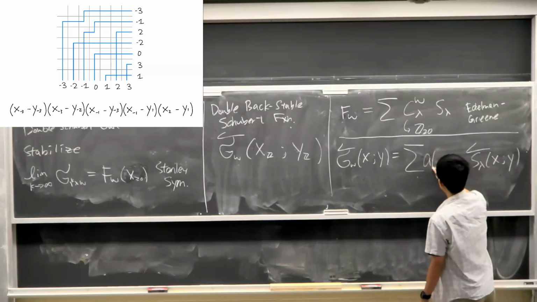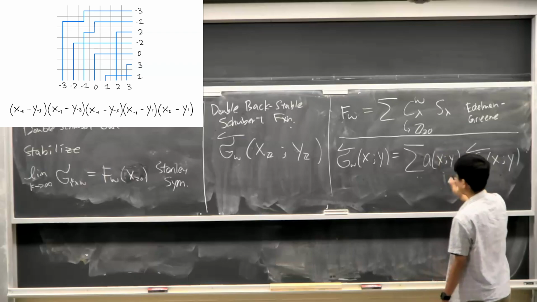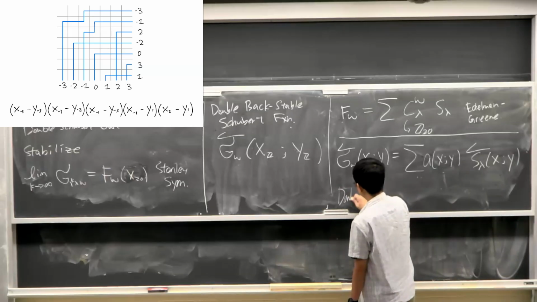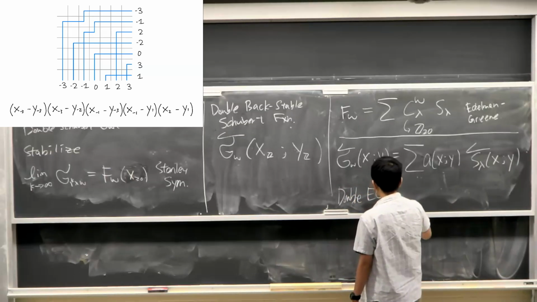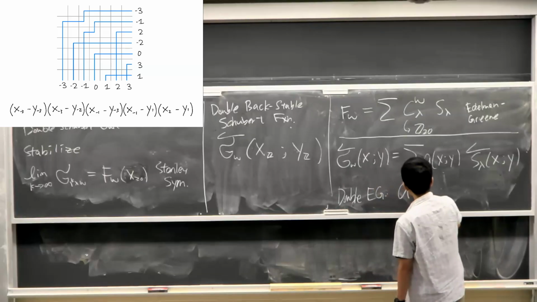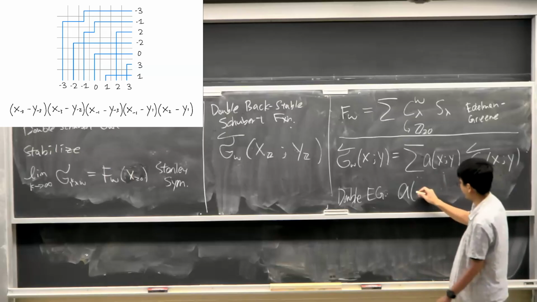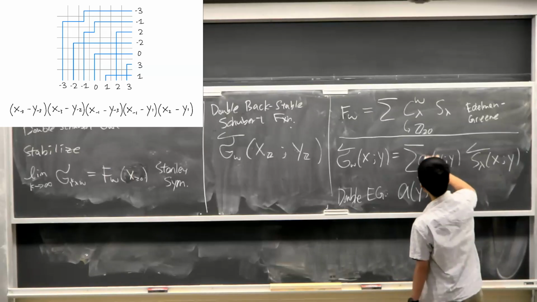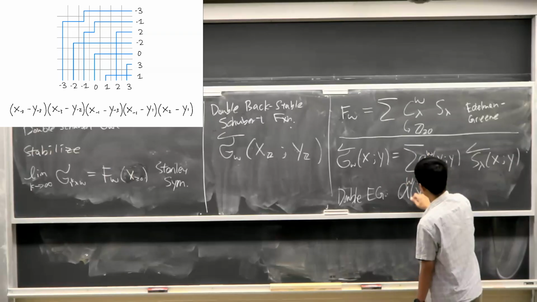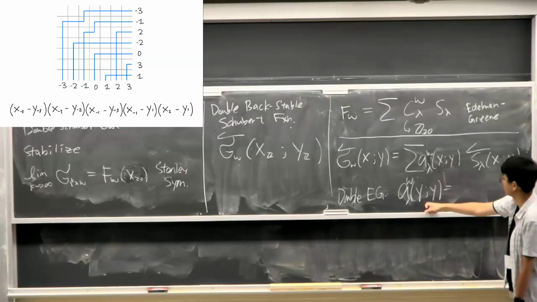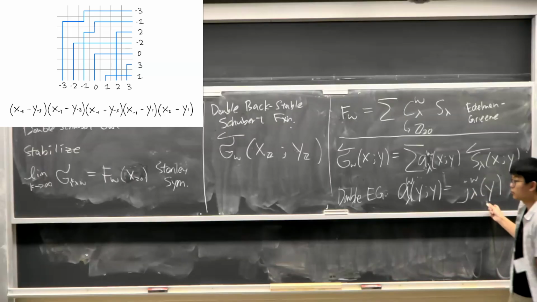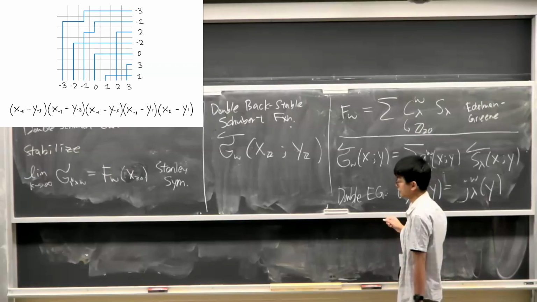These are actually polynomials in both x and y. Now the double Edelman-Greene coefficients: I set all the x variables to y variables, so I get a polynomial with just y variables. These are labeled by w and lambda as well, and this is what is called the double Edelman-Greene coefficient.